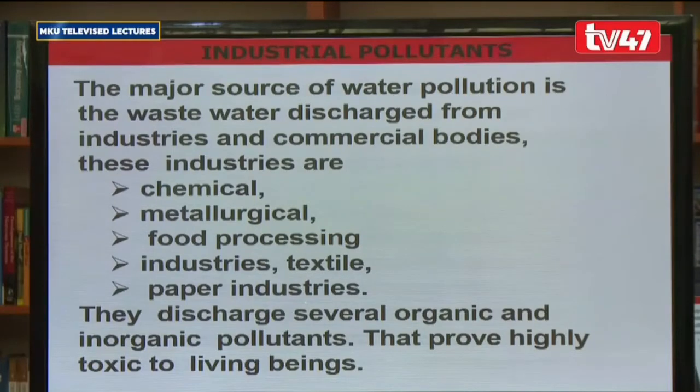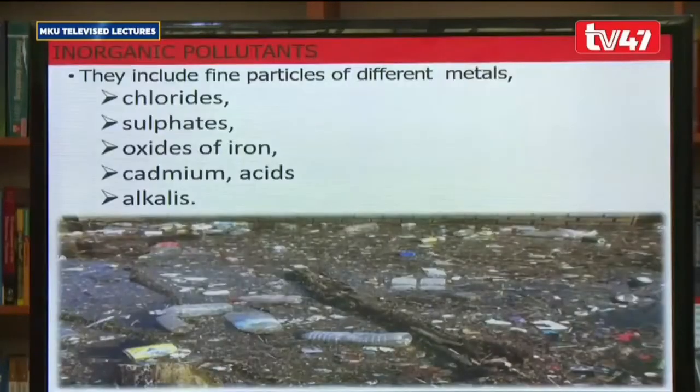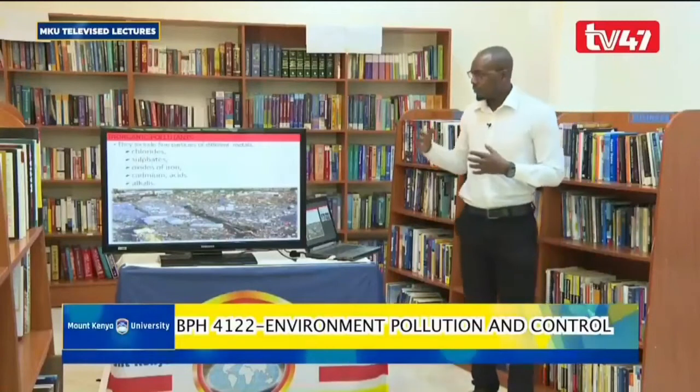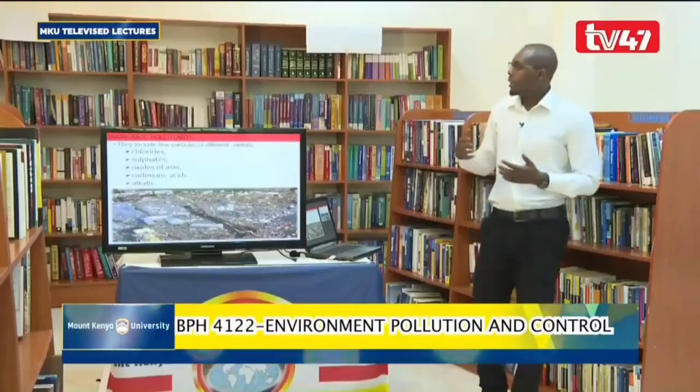Now, examples of inorganic pollutants are chlorides, sulfates, oxides of iron, cadmium, and alkalis. All these have their own individual properties, and they affect the physical, chemical, and biological characteristics of water.